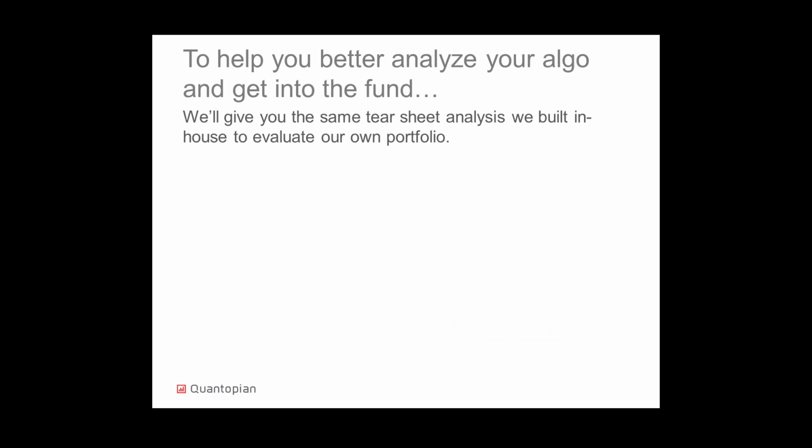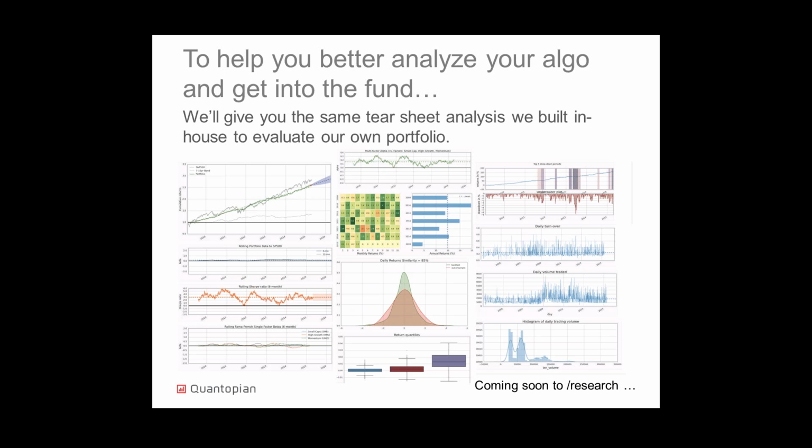All right, so I've shown a couple of interesting plots. Hopefully you think they're interesting so far. One of the things I wanted to talk about is that, to help you better analyze your algorithm and hopefully get it into the fund, we've been working on giving you access to the same tear sheet analysis that we use in-house to evaluate algorithms and our own portfolio.